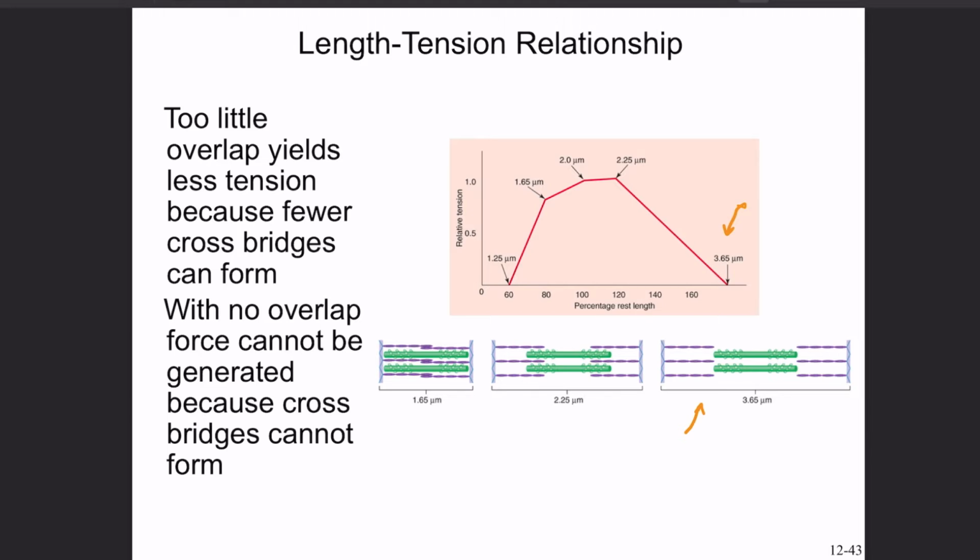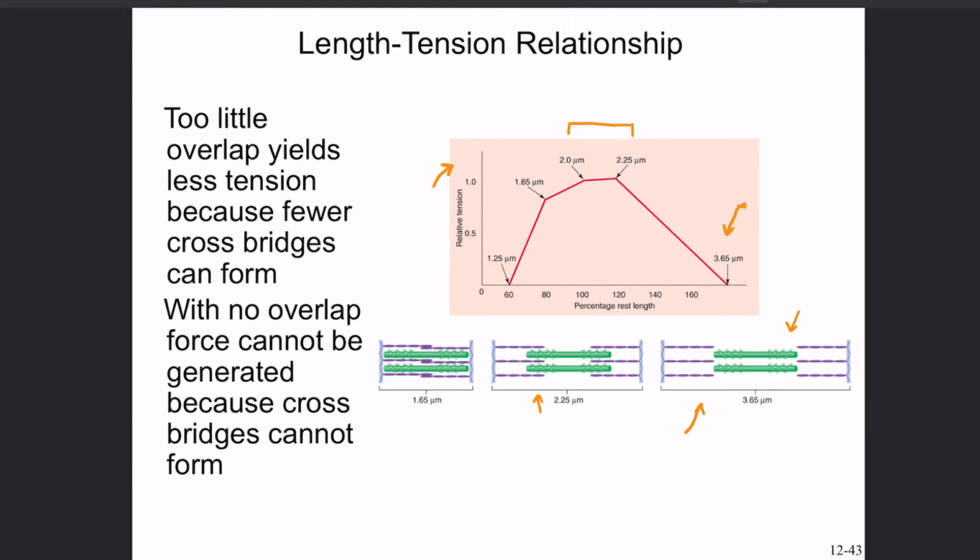And that's because the thick and thin filaments are not overlapping enough, as you can see here, to produce strong cross bridges. The higher the tension here, the stronger the muscle contraction. And so there's an ideal range of about 2 to 2.5 micrometers for the length of a sarcomere, because that's where the perfect overlap of thick and thin filaments is.